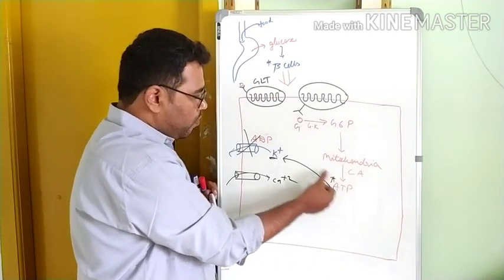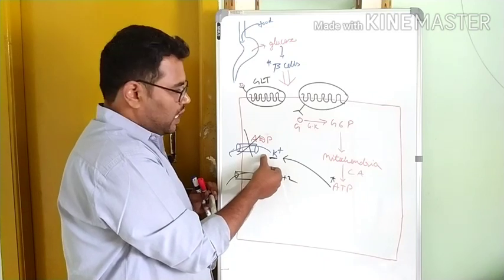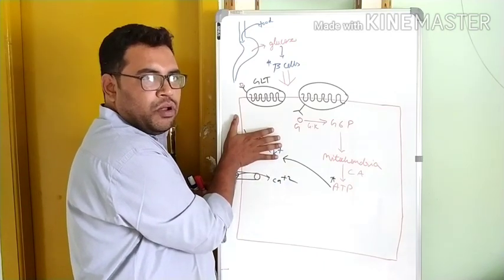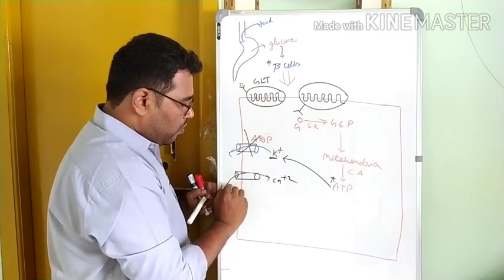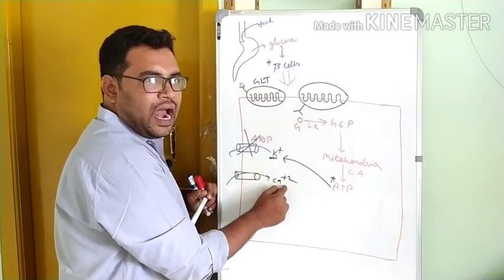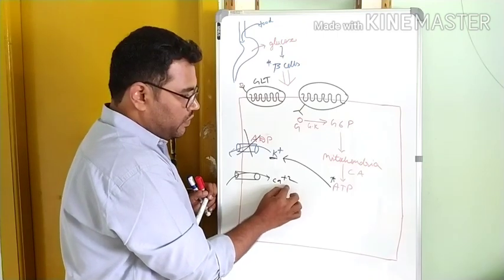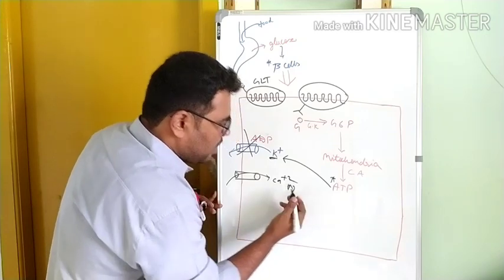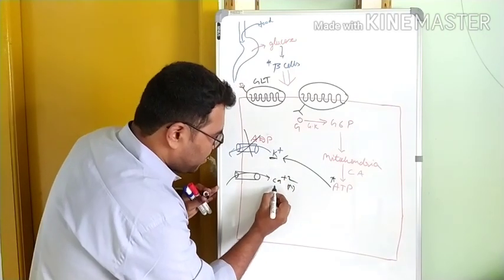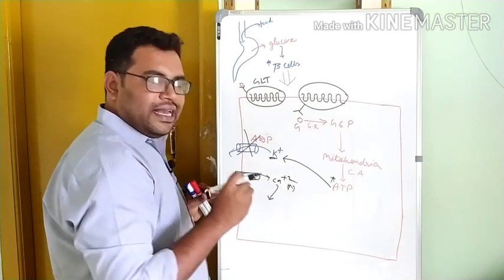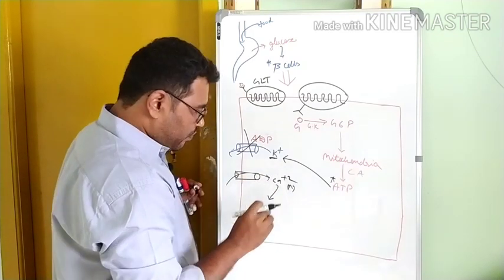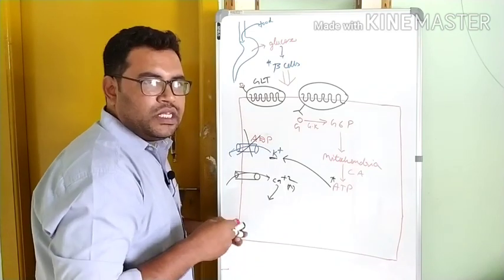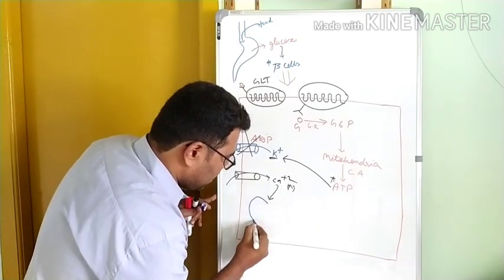This ATP will block the potassium sensitive channels. Whenever these potassium sensitive channels are blocked, it leads to depolarization of the cell. That means more positive ions keep being added to the cell. Whenever this positivity increases, more calcium ions will increase in this cell. That will make a drastic change in the cell. That is, in this particular cell, the insulin is stored in the granules.